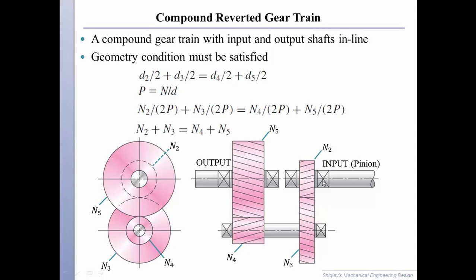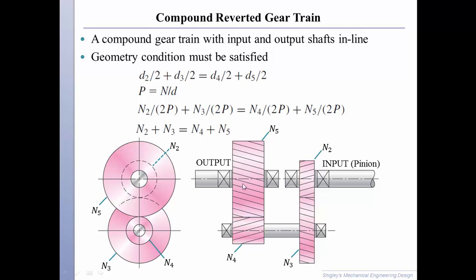And what that means is that the center distance between your input gear and the countershaft is going to be D2 over 2, the radius, plus D3 over 2, the radius of the third gear. That center distance has to equal the center distance for the other gear pair, and that's going to be D4 over 2 plus D5 over 2.